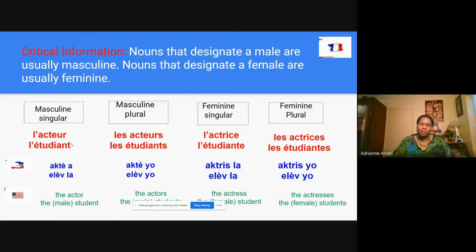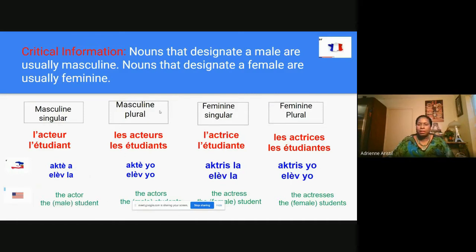Pour l'étudiant, if you're talking about the male student, you will say l'étudiant in French. For Creole, acteur, élève là.